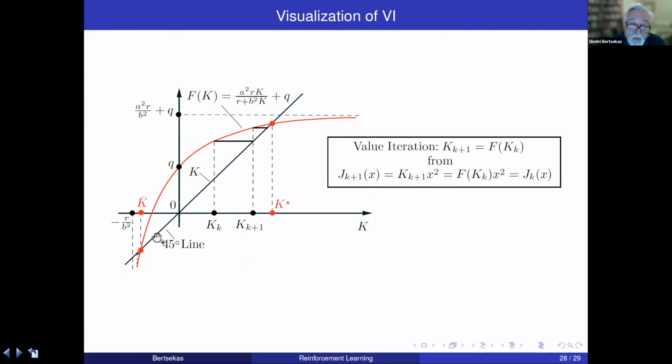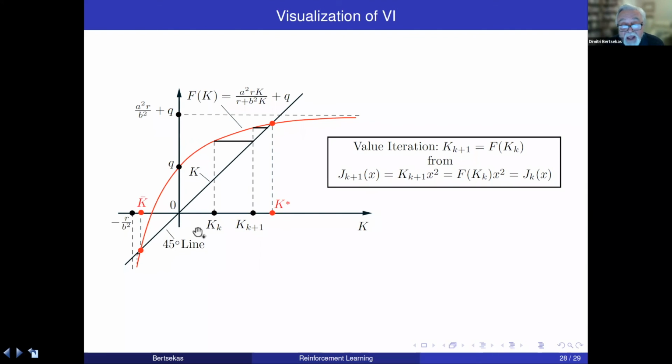Even if you start from a negative initial condition, you're still going to converge to K star. If you start from an initial condition that's not only negative, but also smaller than this asymptote here, you are going to converge to this other solution, K bar.